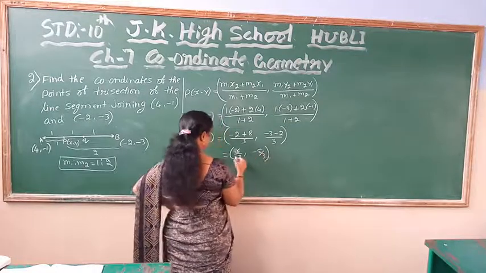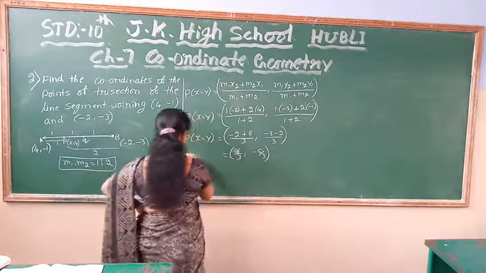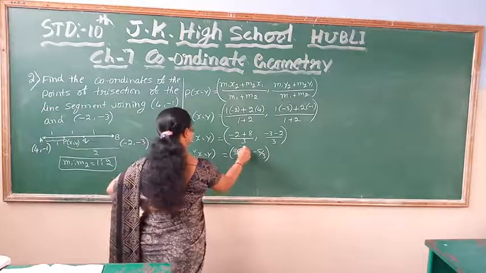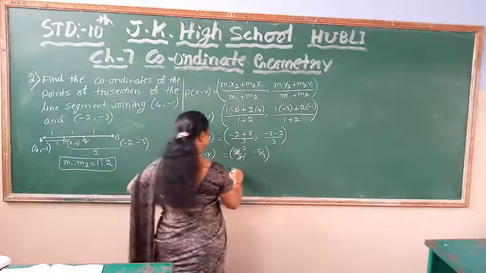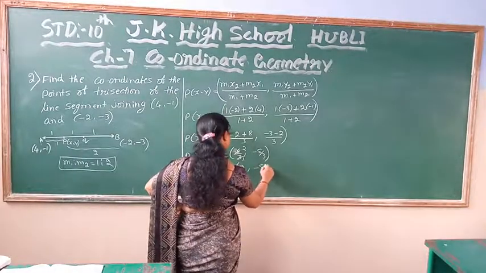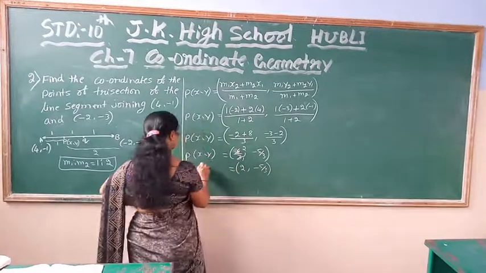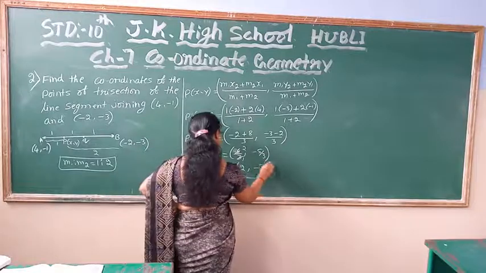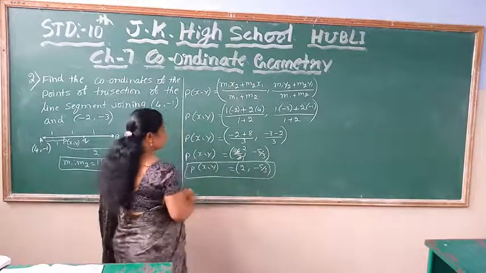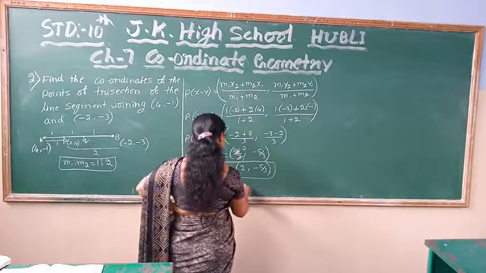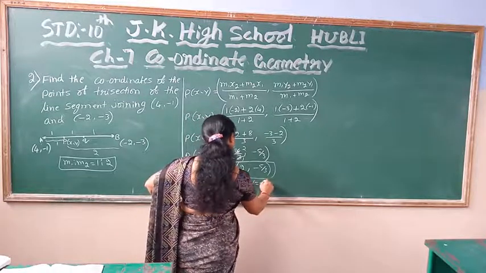These are the coordinates of this point P. So 2 and minus 5 by 3 are the coordinates of the point P, which is dividing the line segment in the ratio 1 is to 2. So the P coordinates are x is equal to 2 and y is equal to minus 5 by 3.